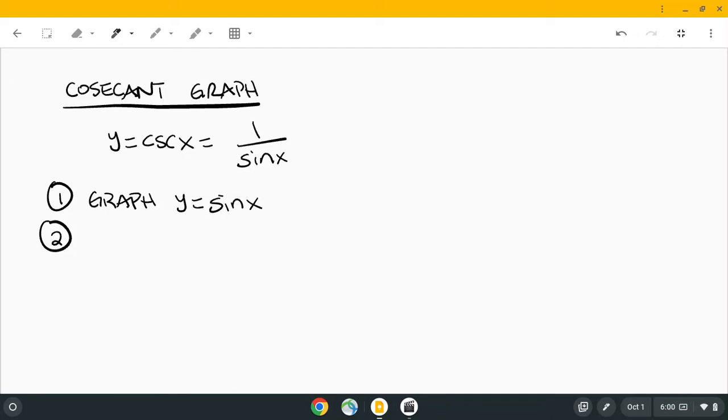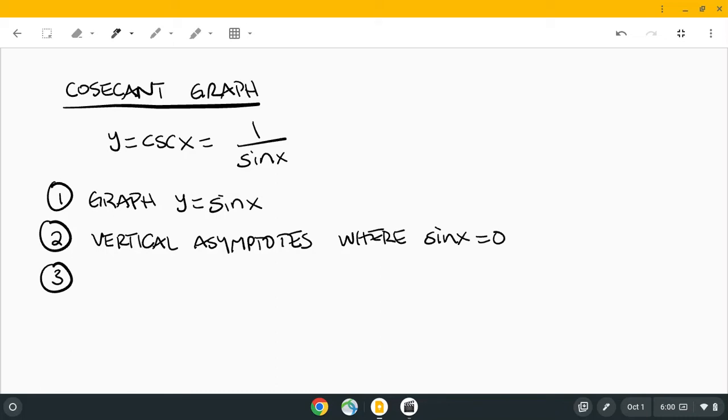All right, so that was probably a little too much for now, but we first graph the basic graph of sine x. And because sine is in the denominator, we are going to have vertical asymptotes where sine x equals 0. And once we have that all done, we're going to plot the reciprocal values.